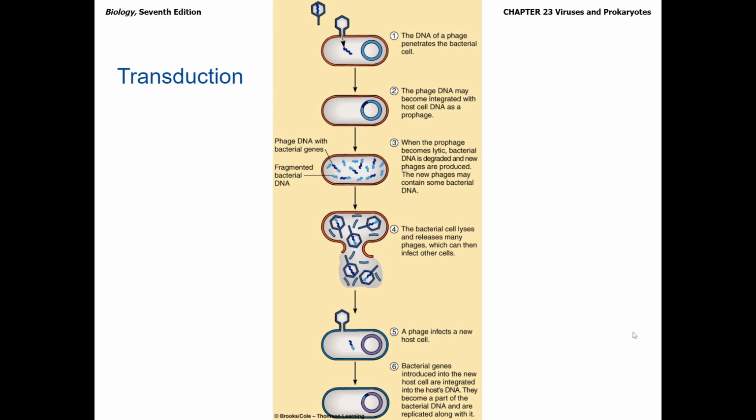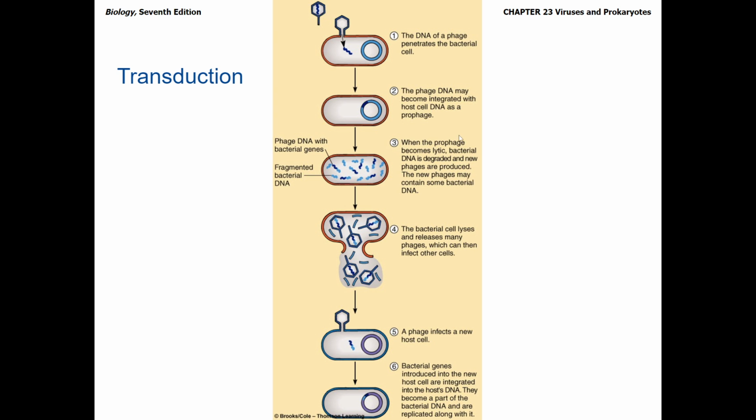Here we see a pictograph of transduction. We see that the DNA of a phage, a bacteriophage, penetrates the bacterial cell. The phage DNA may become integrated with the host cell DNA as a prophage, so that phage DNA can be incorporated into the genome.